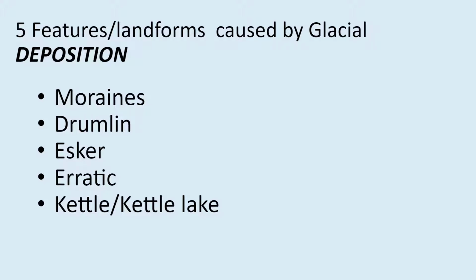We tend to see more depositional features in Minnesota than we do erosional features. And that's simply because when glaciers recede and they drop everything, a lot of times they end up covering up their erosional evidence.